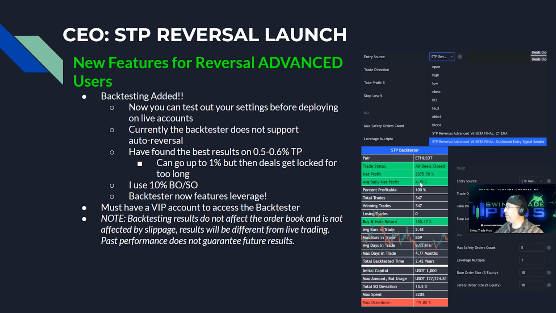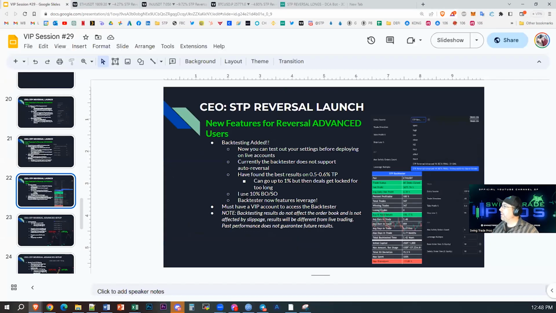So make sure that you're always starting out with small accounts when you're using these back testers, right? If you get a good result there and on paper trading, still test that thing out for a little while. Make sure it's working well with a small account before putting in serious capital and before you go in with heavy base order, safety order sizes, right? This is always good methodology.